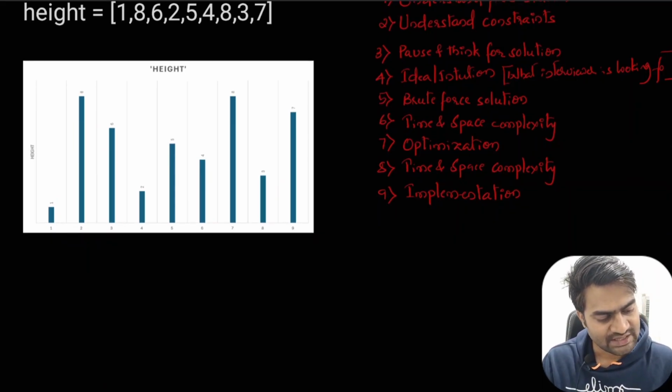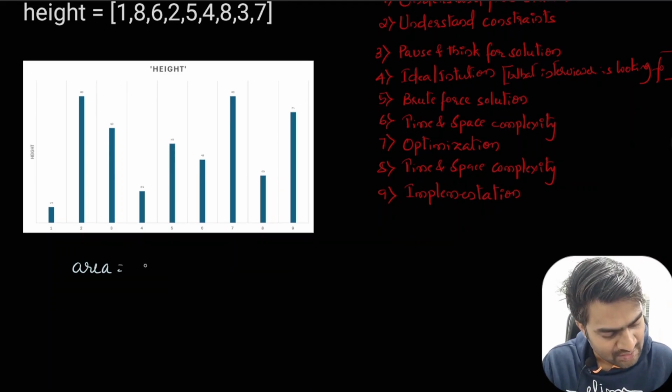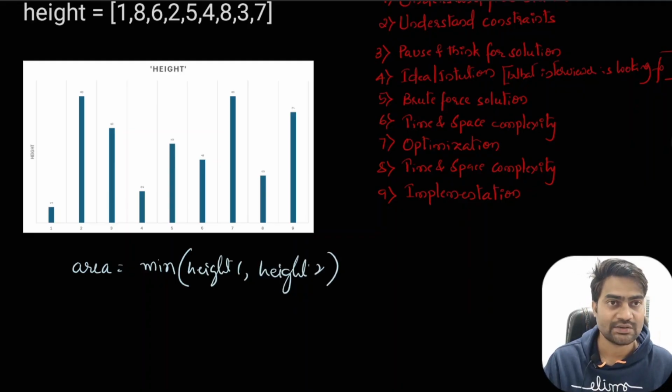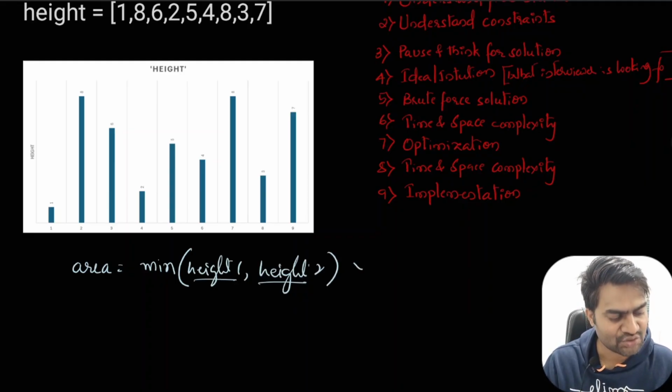So now, let us write our formula. Area equals minimum of height 1, height 2, where this is one line and this is another line, into the distance between the lines.